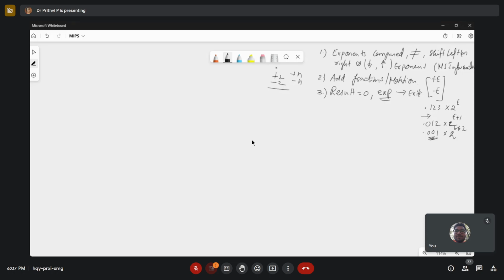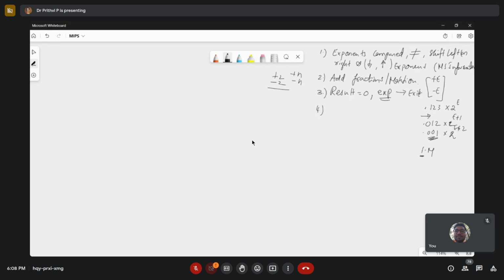Now, if there is a fraction overflow, what is that overflow? Like yesterday I have given this. Normally the format we are putting is 1.m format. Now, if this bit is not equal to 1, then we can say that there is an overflow. If there is an overflow, you have to adjust the information.